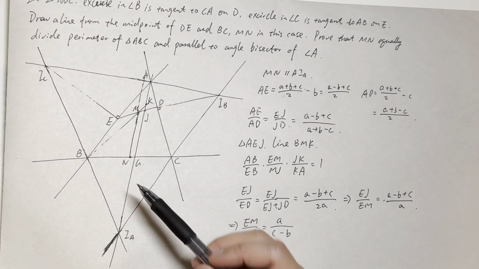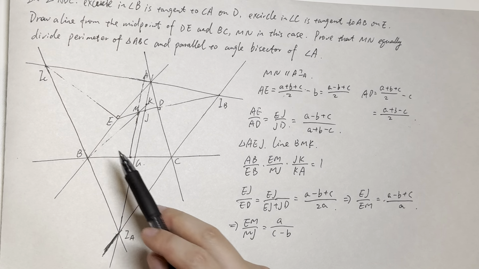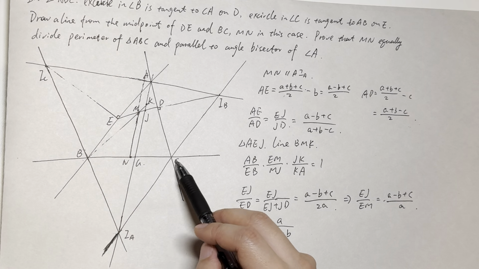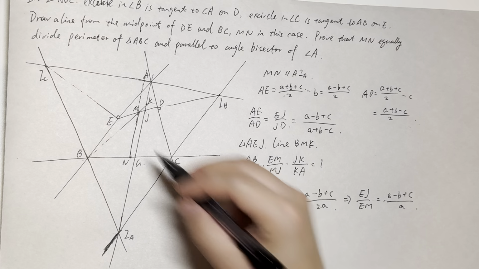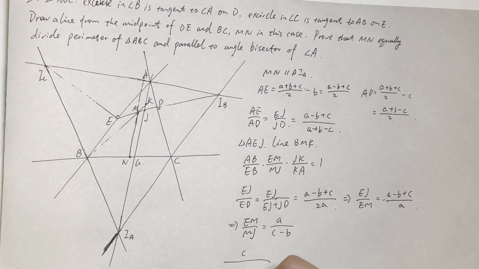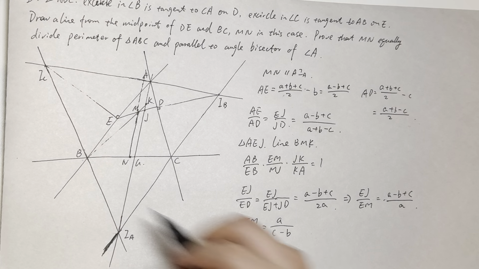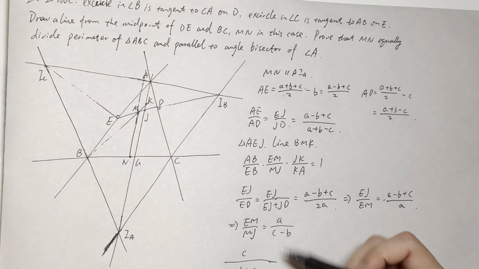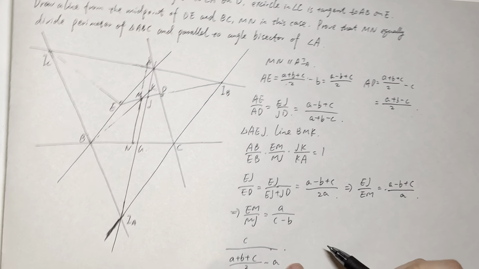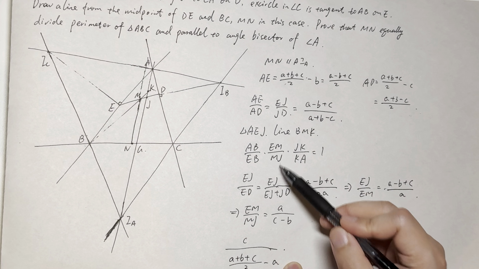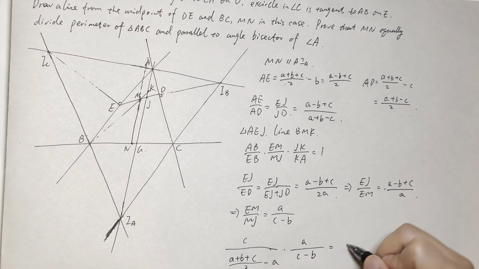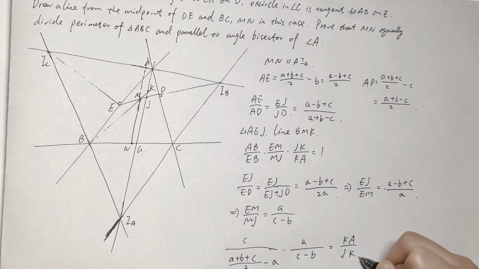EB is half of A plus B plus C, minus, see, EB is here, think about this line, minus A, since AB is C. So that is C to half of A plus B plus C minus A. That is AB to EB times EM to MJ, which is A to C minus B, equals KA to JK, right?